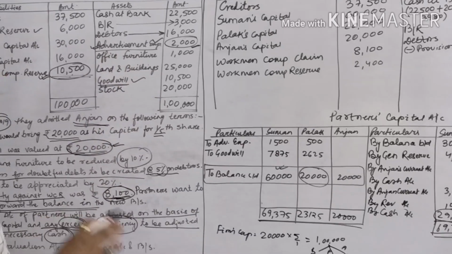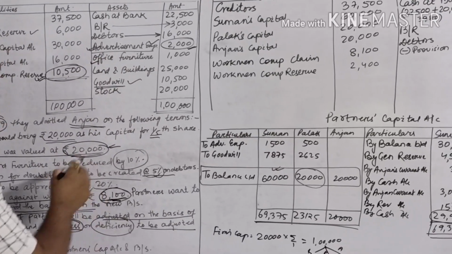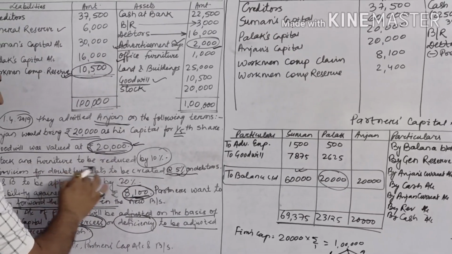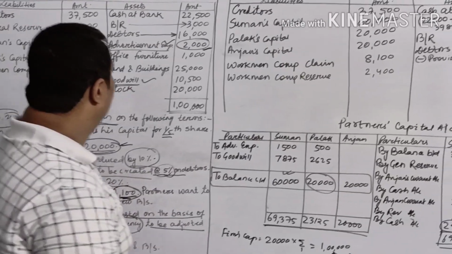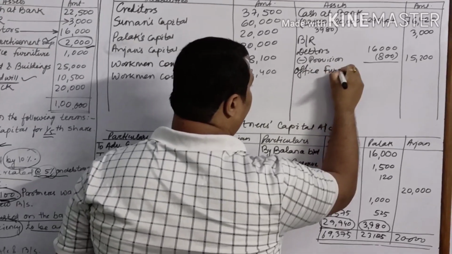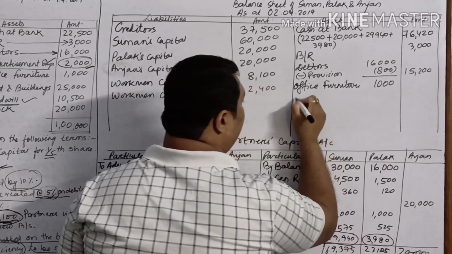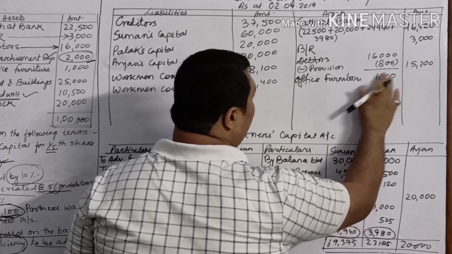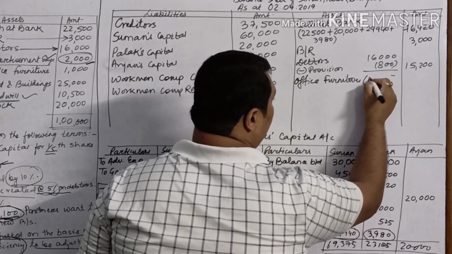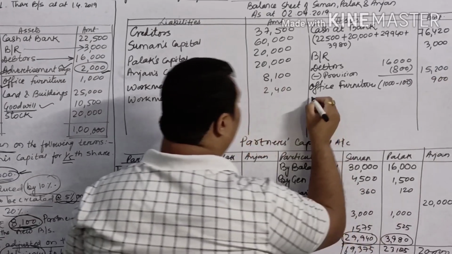Advertisement expenses have been completely written off. Next item is office furniture. There was an adjustment to reduce it by 10%. So we will write office furniture amount is rupees 10,000, and we have reduced it by 10%. So 1,000 minus 100 is rupees 900.